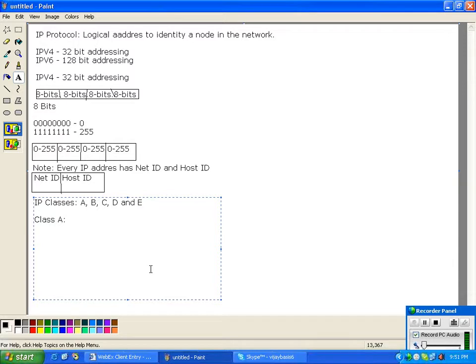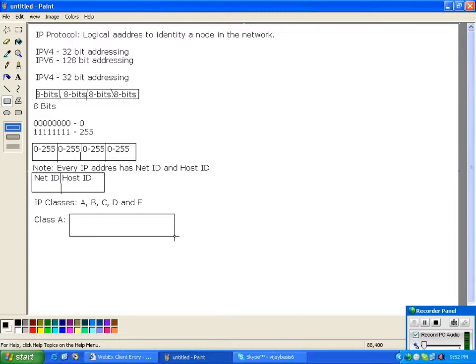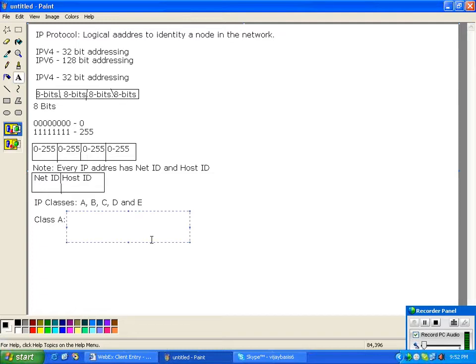In class A, the valid range of the first octet is 0 to 127, and the other octets are 0 to 255.